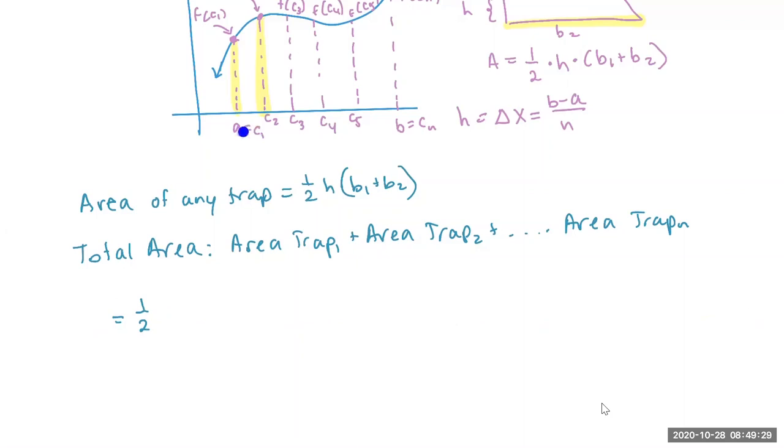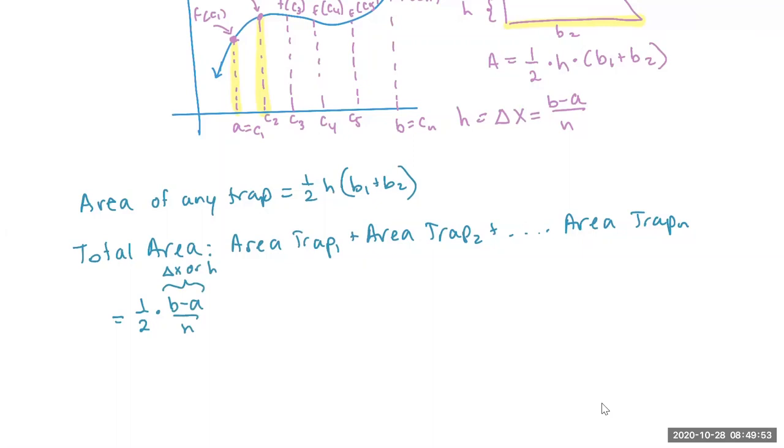Also, if it is a fixed width that represents the height, then I'm going to also write b minus a over n on the outside of my parentheses. So 1/2 b minus a over n, and again, this is change of x, or the height of your trapezoid, so they all have that as well.